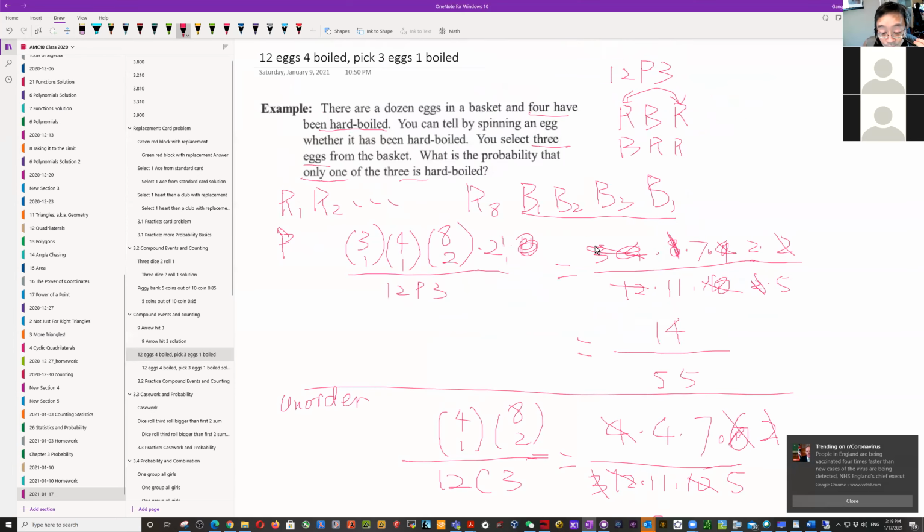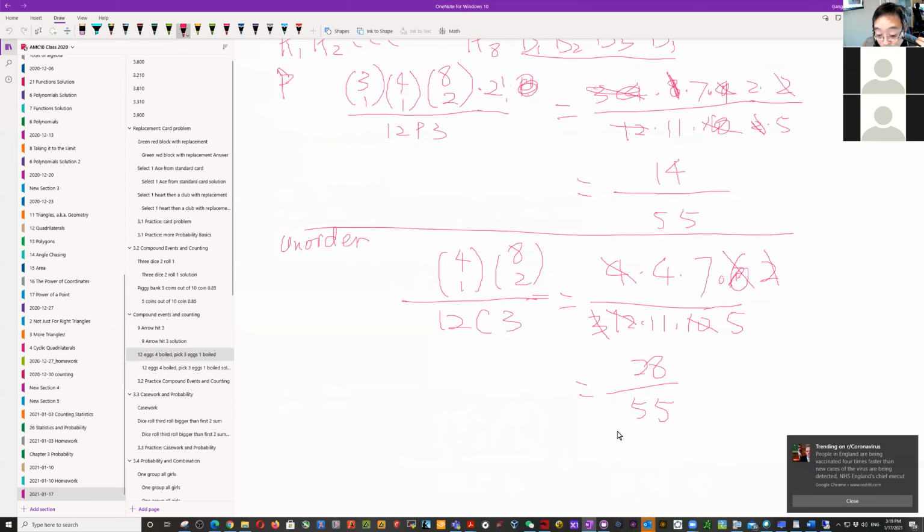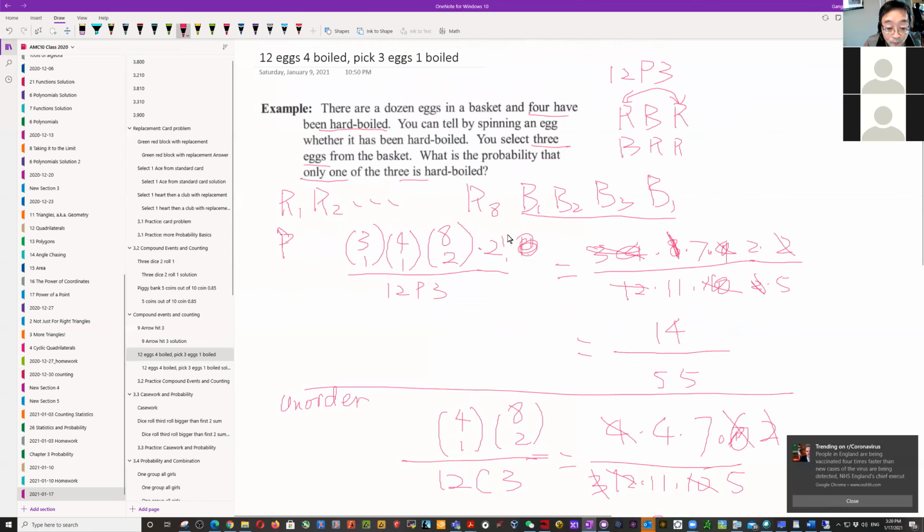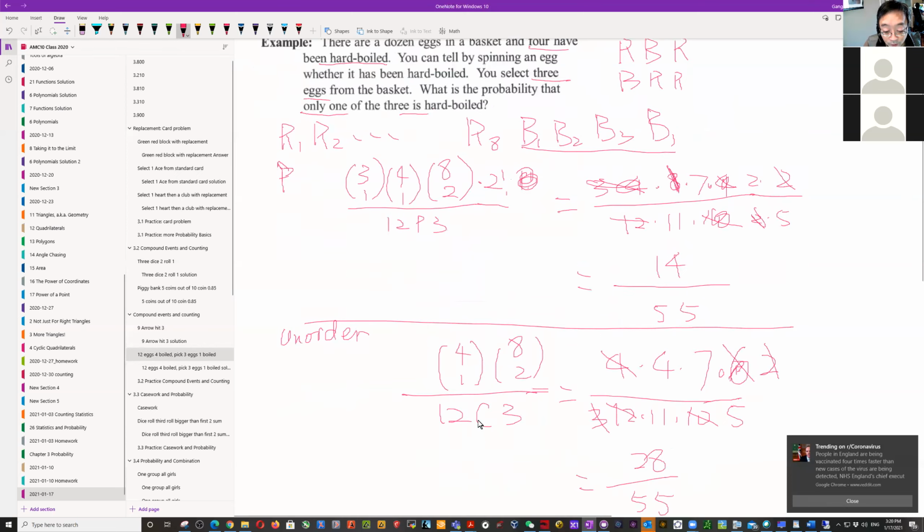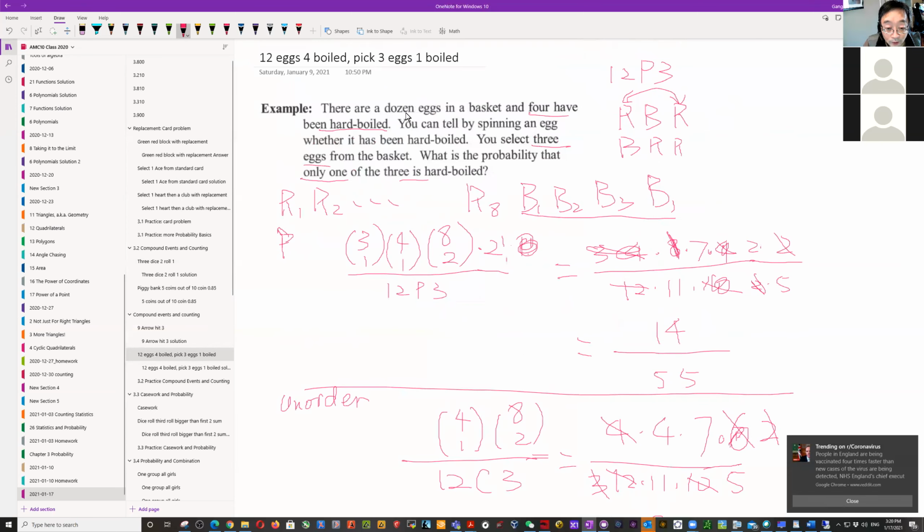Somewhere either this is wrong or this is wrong. So somewhere I did it wrong. We're going to figure out where I did it wrong. I think for this egg problem, it will be 12 choose 3 and 4 choose 1 and 8 choose 2.